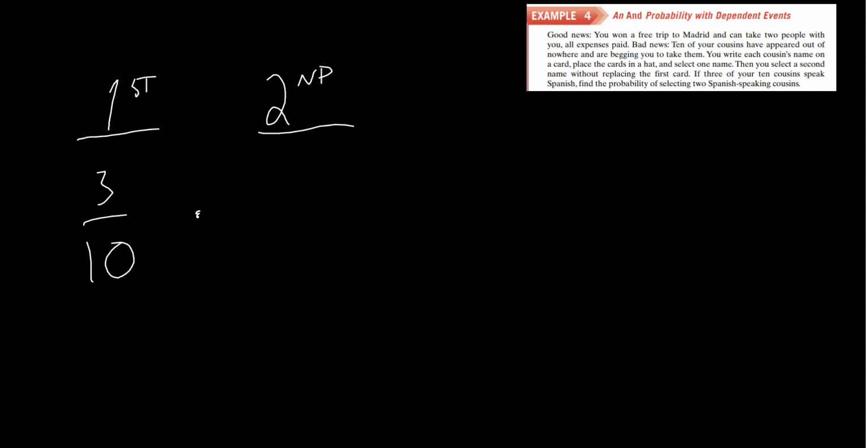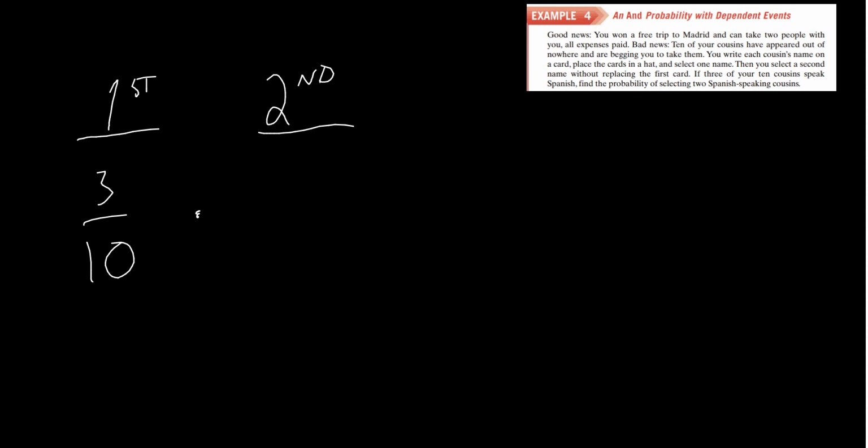On my first pull, I have a 3 in 10 chance of pulling a Spanish-speaking cousin. On my second pull, I don't have a 3 in 10 chance anymore.